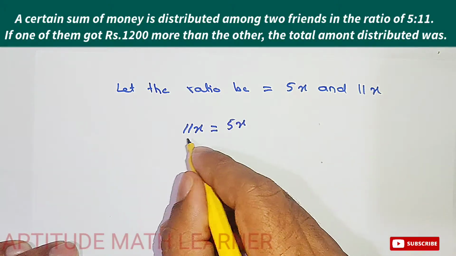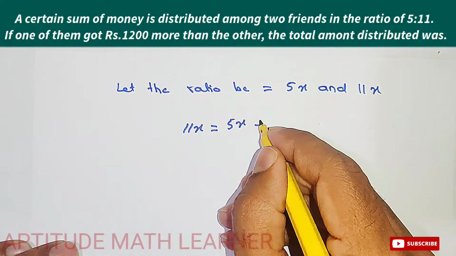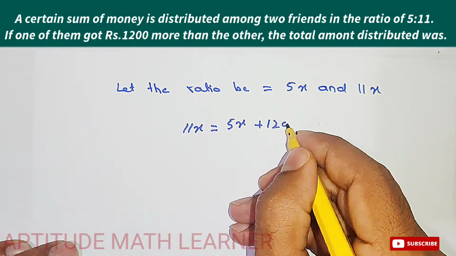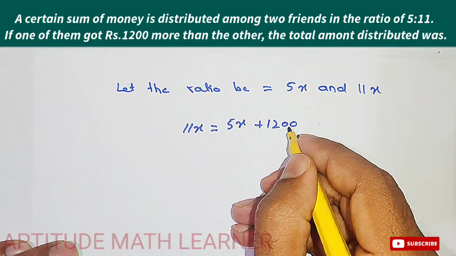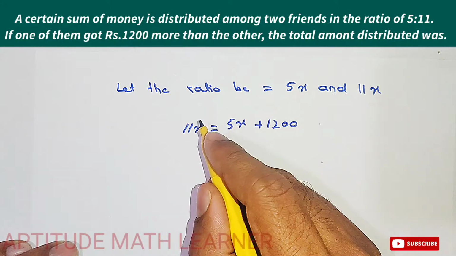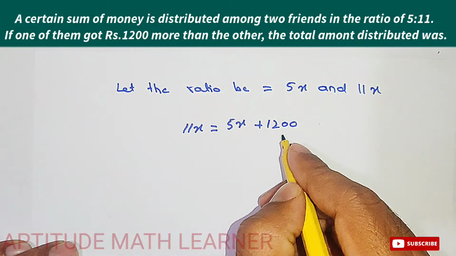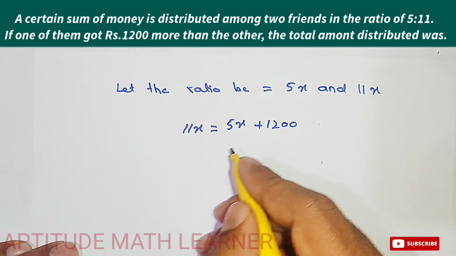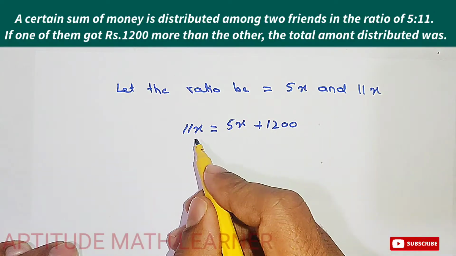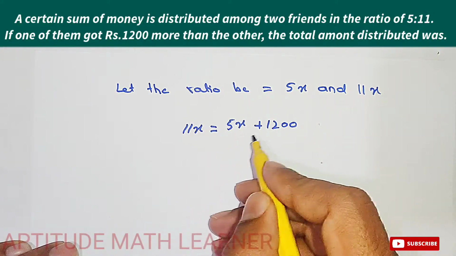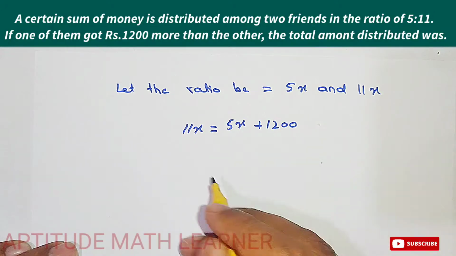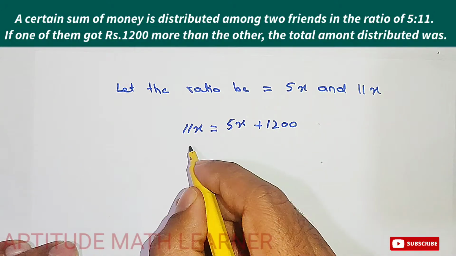One of them has got an extra 1,200, so we take 11x is equal to 5x plus 1,200.